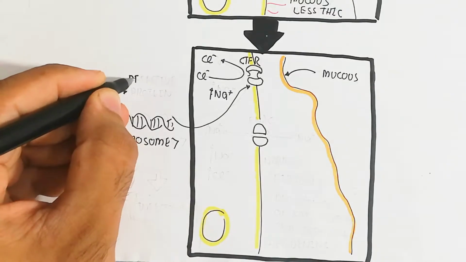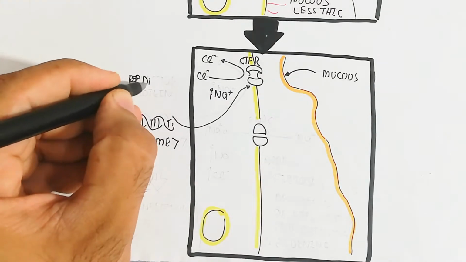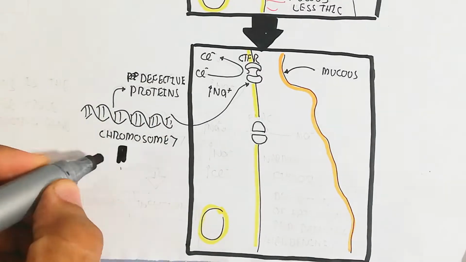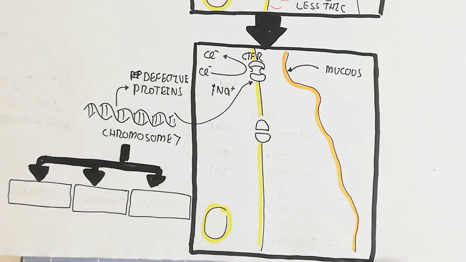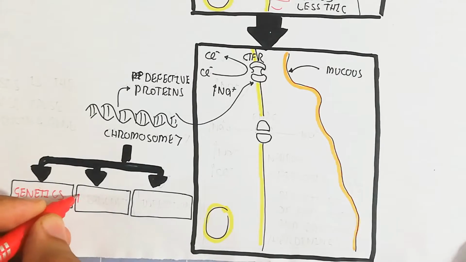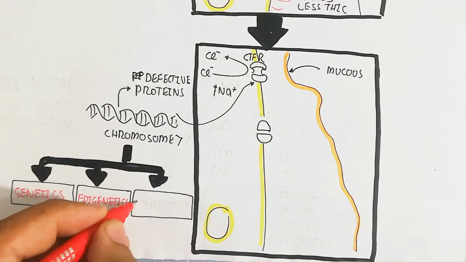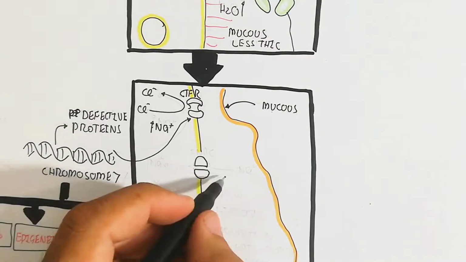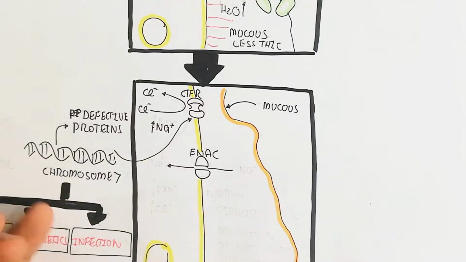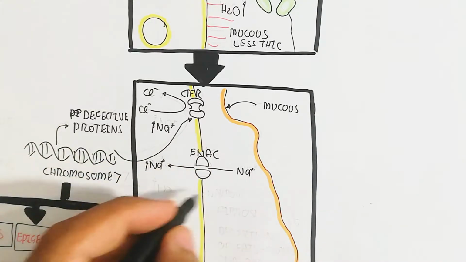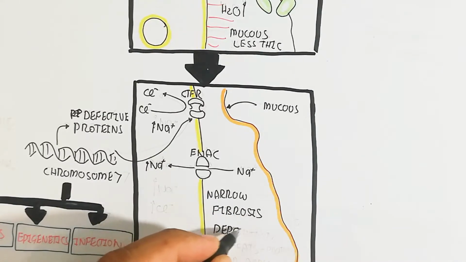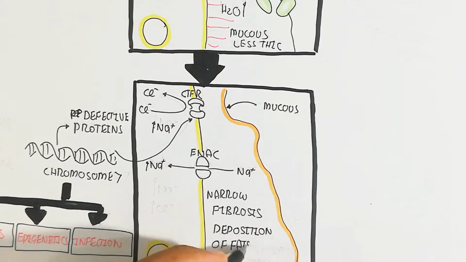So here is the CFTR. CFTR dysfunction is due to a defective gene on chromosome 7 and defective protein synthesis, which can be due to genetic, epigenetic and infectious causes. The chloride ion does not move out and the sodium moves inside, which increases the salt, sodium chloride, and fibrosis occurs.